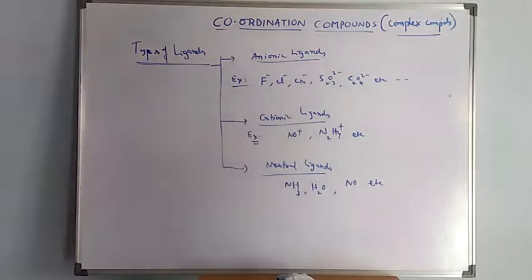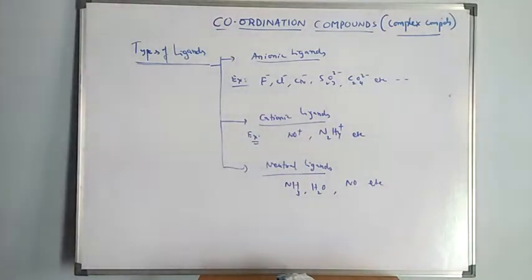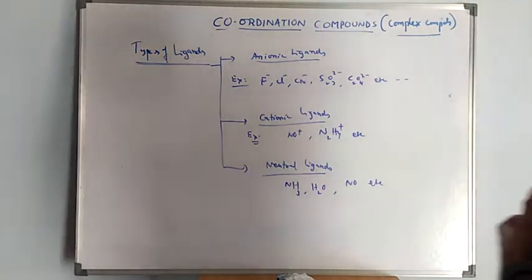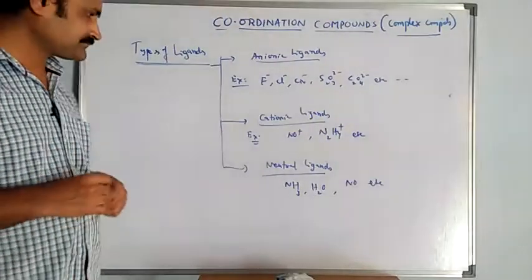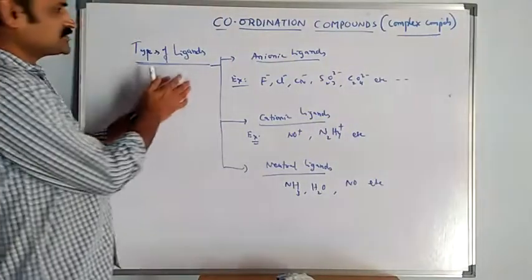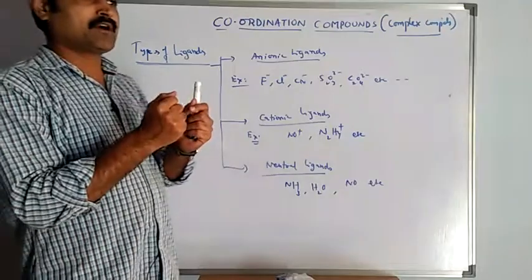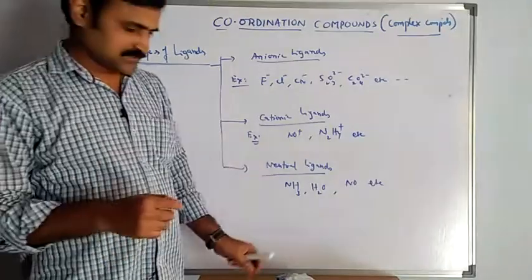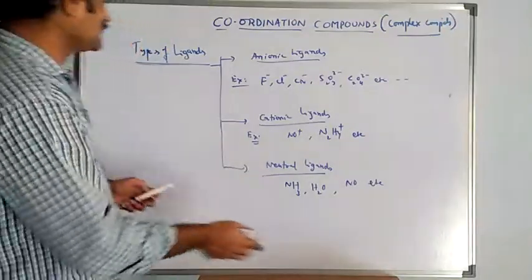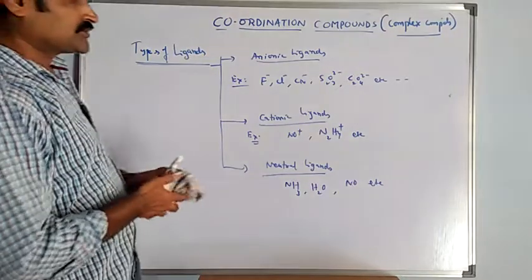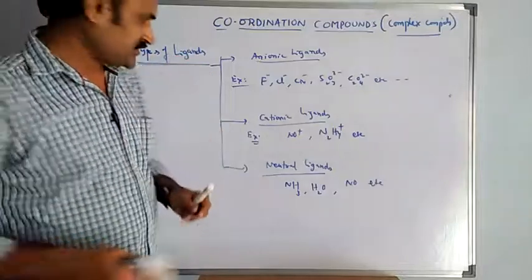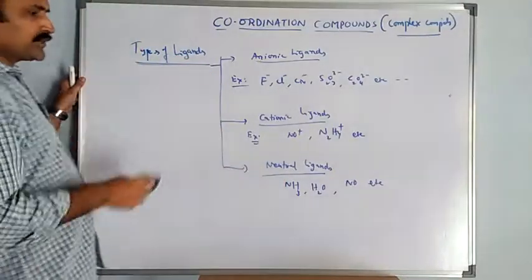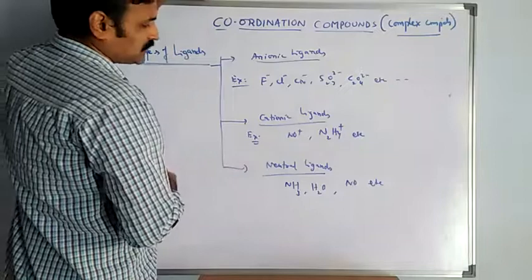So these are the examples of ligands. You can go through all these examples, keeping one thing in mind: these ligands have a capability of donating a pair of electrons. In our initial study, such types of ligands we usually call monodentate ligands, meaning they can only donate a single pair of electrons.